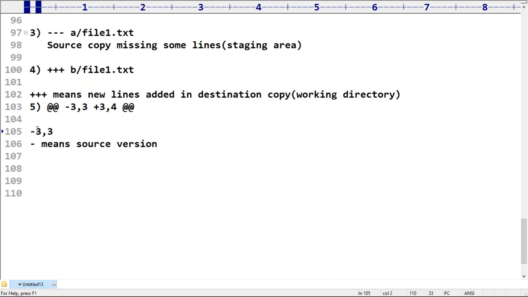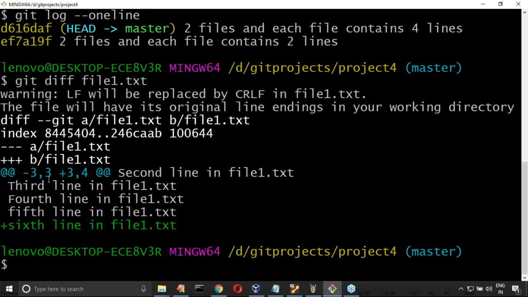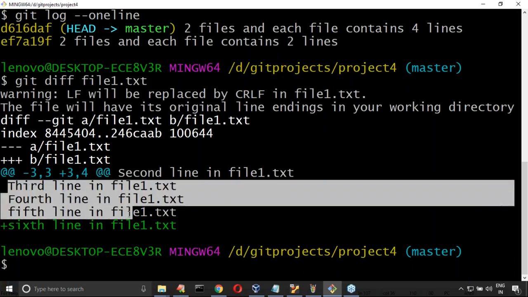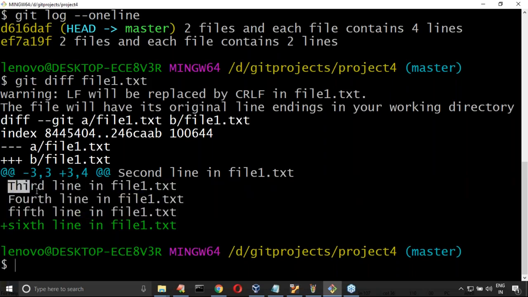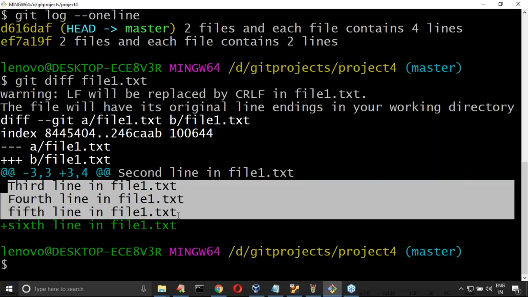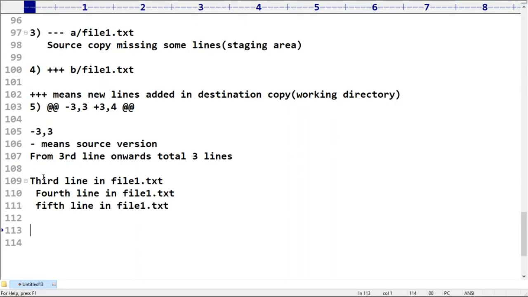The 3 means from the third line onwards, a total of 3 lines, which are the third, fourth and fifth. Are these lines available in the source copy, the staging area? Yes, third line, fourth line, fifth line. That is the meaning.